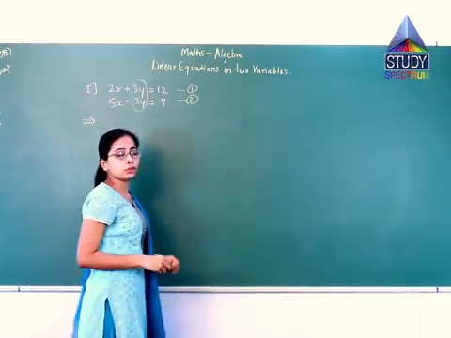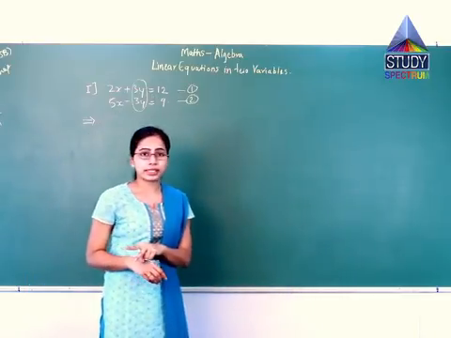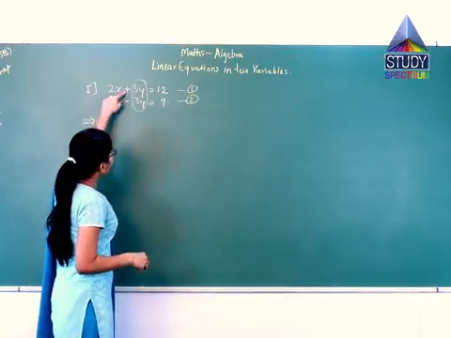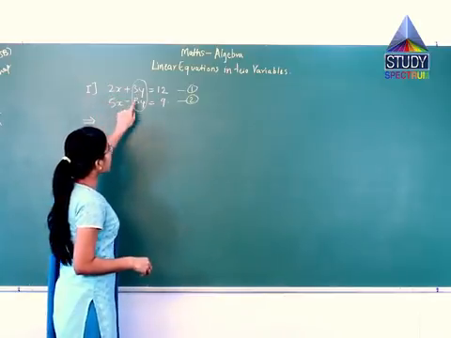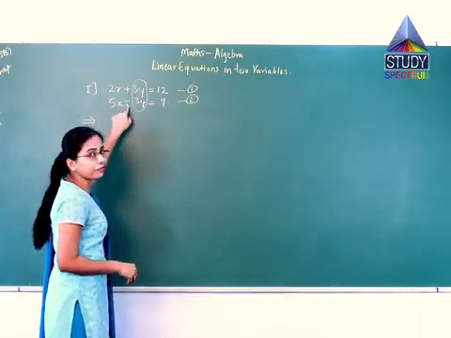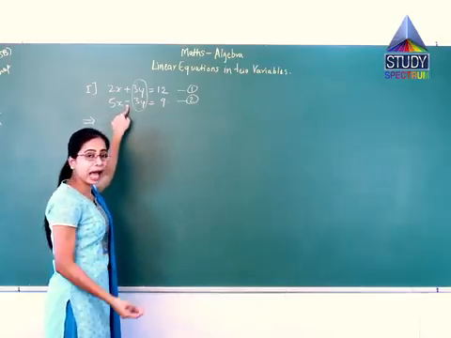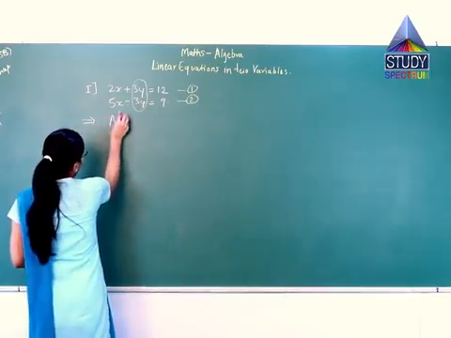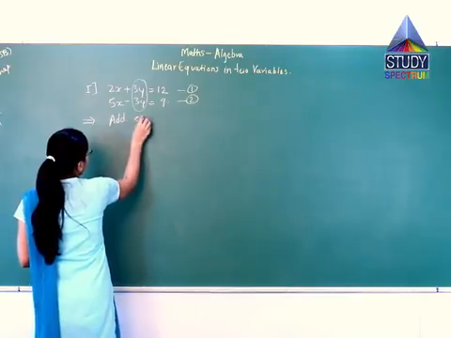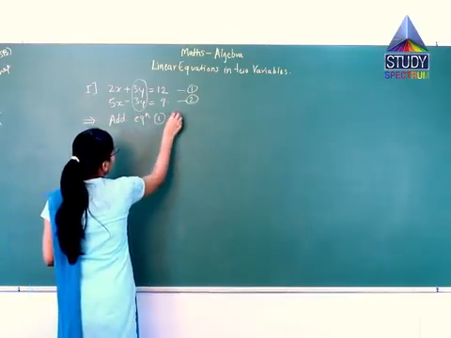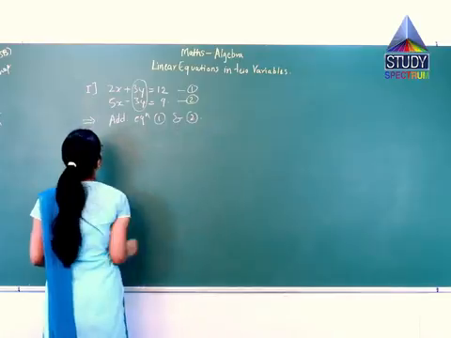As I explained for 2 examples previously, you can see the coefficients are similar but the signs are different. That's why we will add these 2 equations. So add equation 1 and 2.